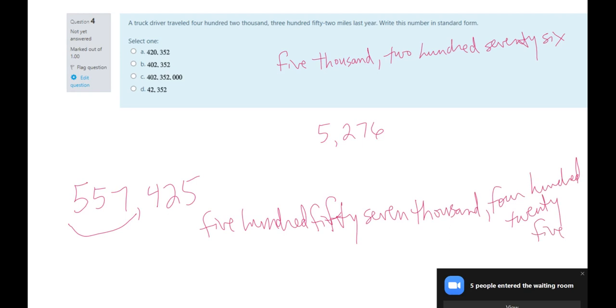Okay, so we're always taking these sets of 3, right? So 557, 425. If we had 725 million, 522,000, 475, 725 million, 522,475. That's all we're doing there.